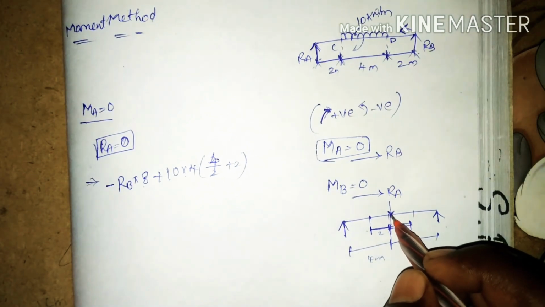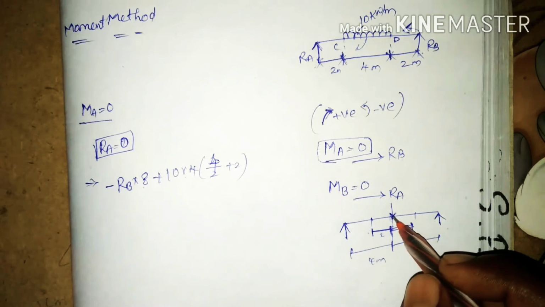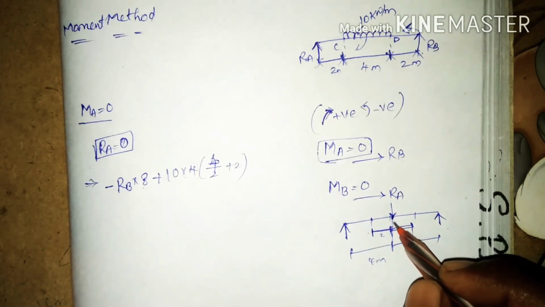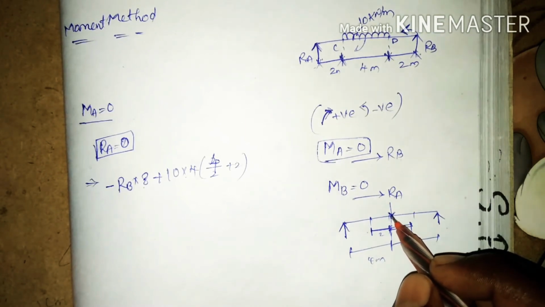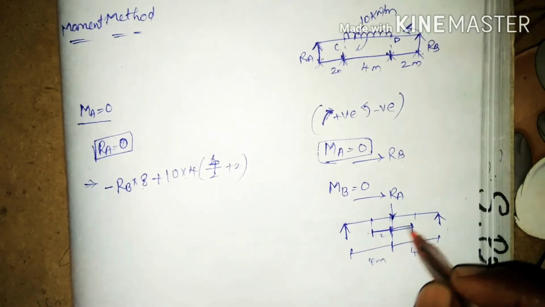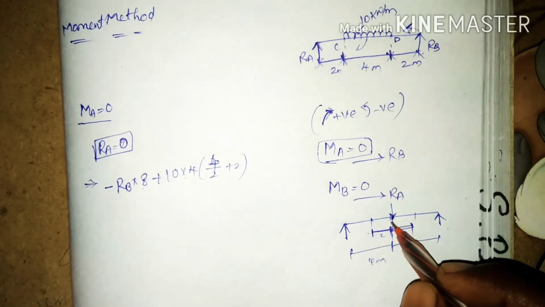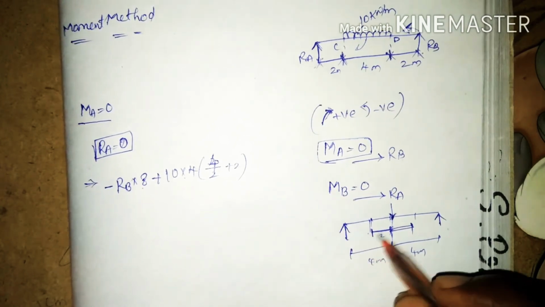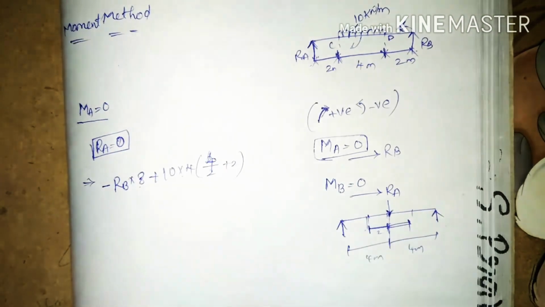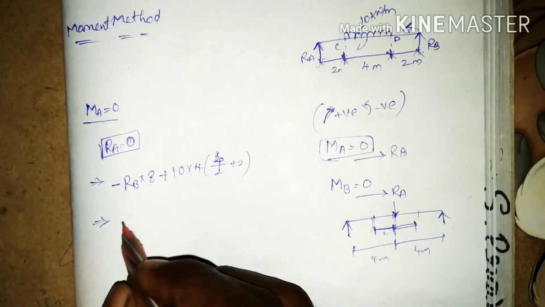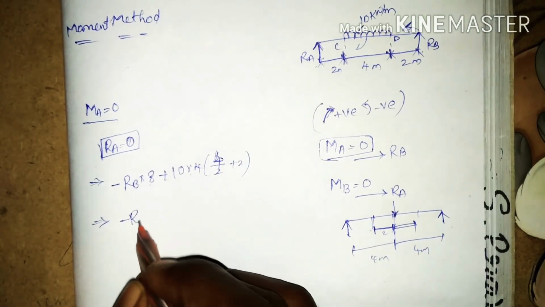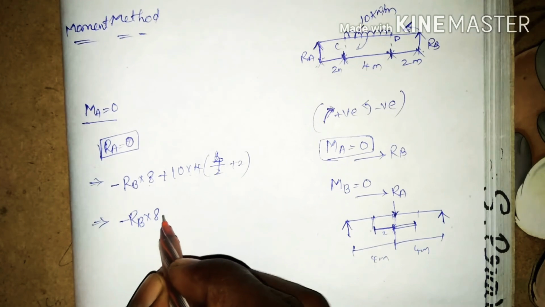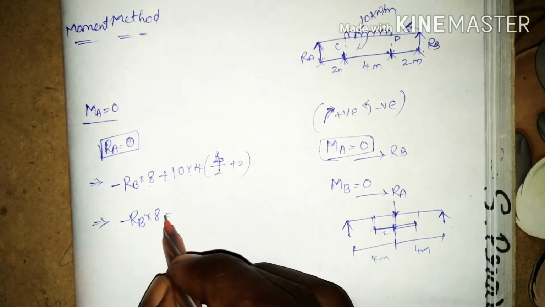This takes moment from the midspan, that is 4 by 2, plus the remaining distance after the UDL, that is 2. So 4 by 2 plus 2, minus RB into 8.